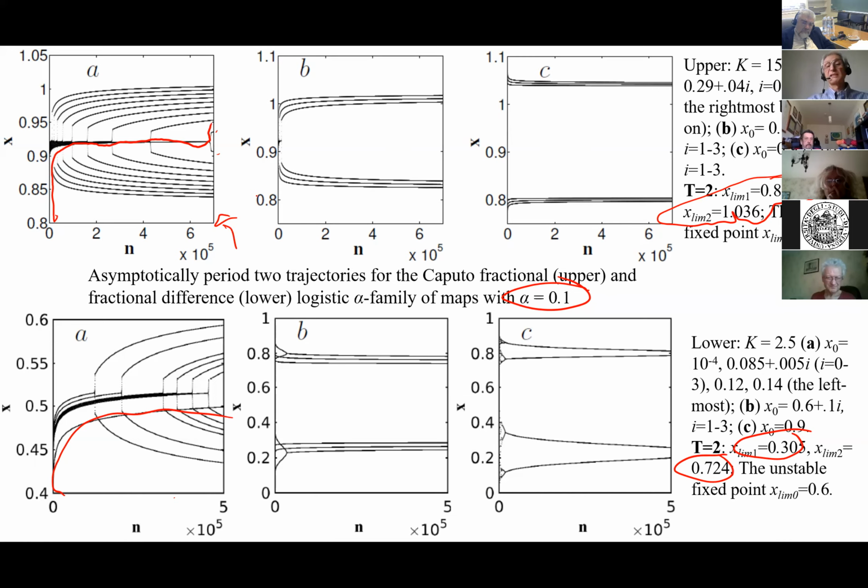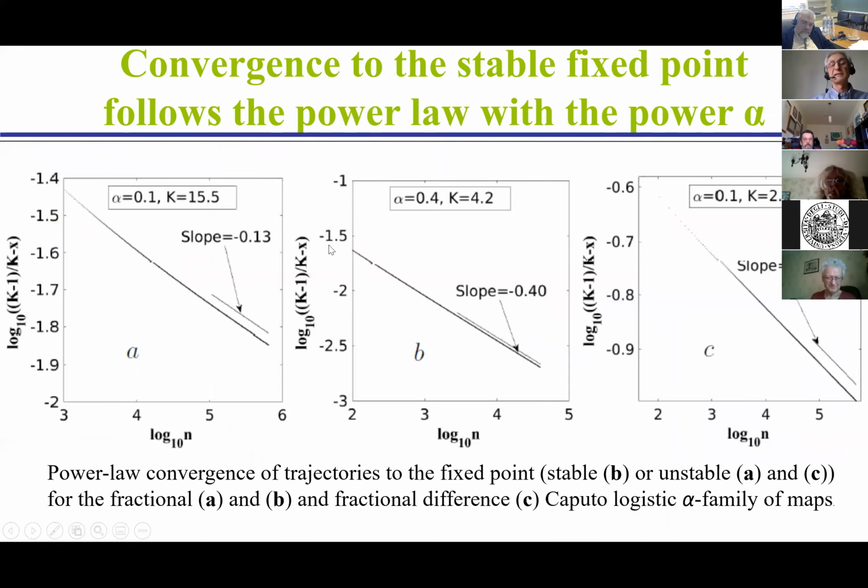And then the system suddenly breaks and starts converging to the periodic point. And here it's shown that the convergence is really a power law to the fixed point.